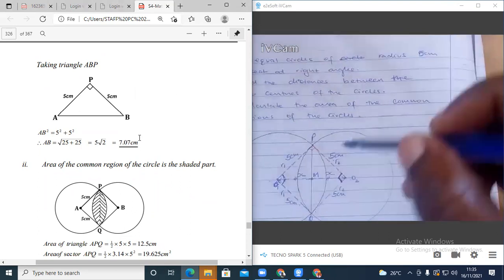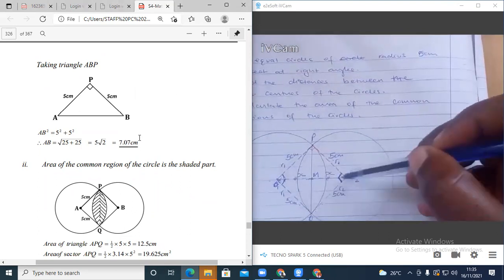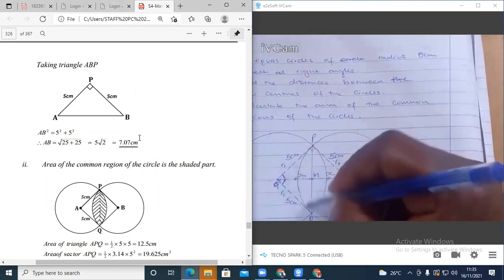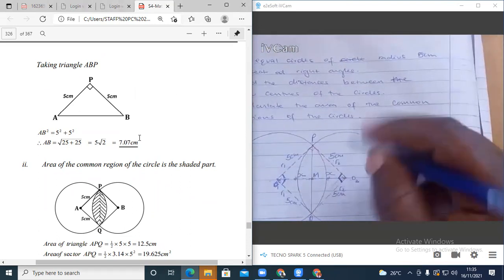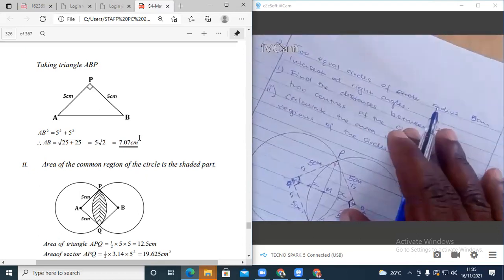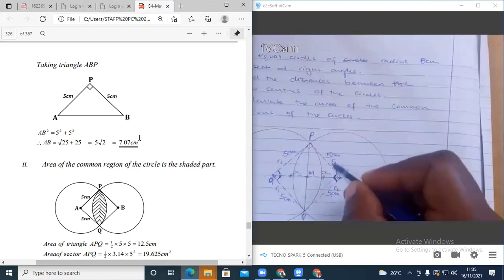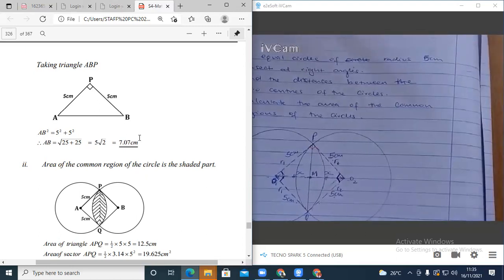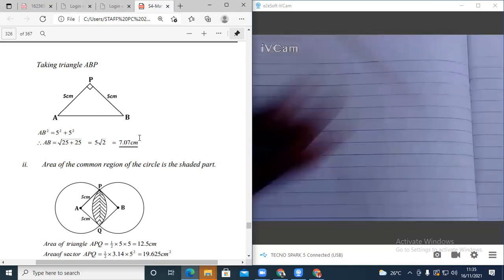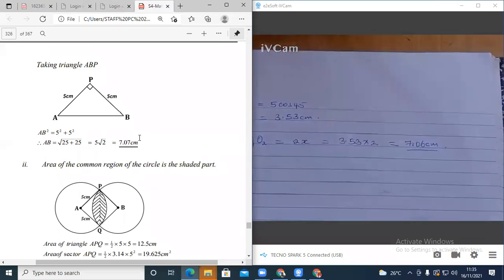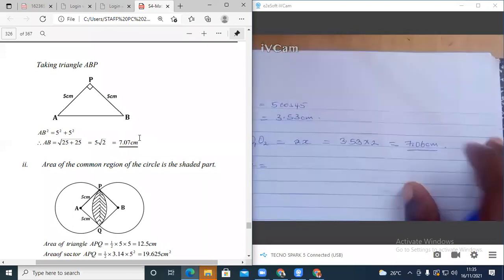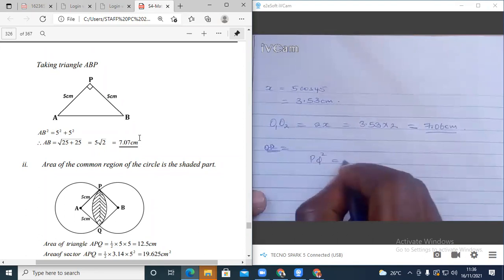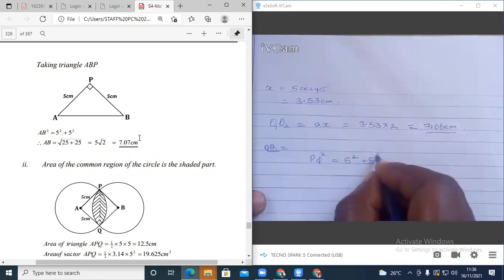I've just seen it there in the answer. So it is this squared plus this squared, because this is 90 degrees. This is a right angled triangle. So you can say PQ squared equals 5 squared plus 5 squared.